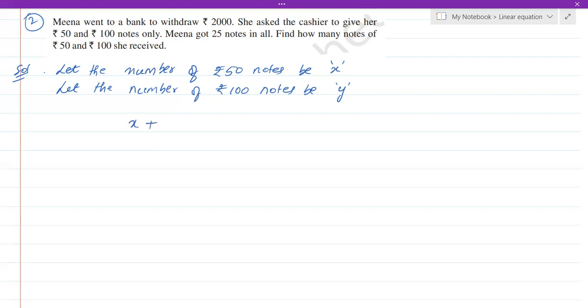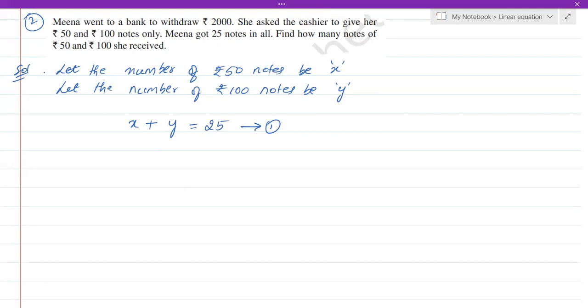Therefore, X is the number of 50 rupees notes, and Y is the number of 100 rupees notes. Put together, totally we have 25 notes. So this will be our equation 1. And as you know, this total amount should give you how much?